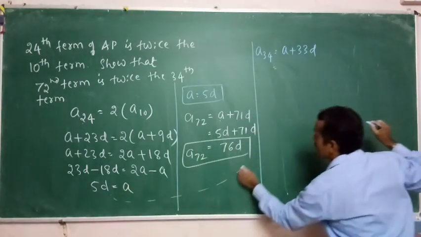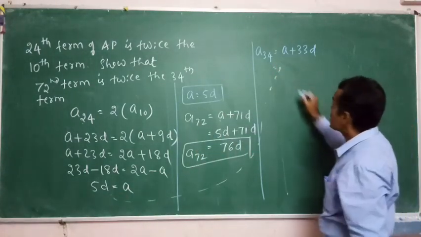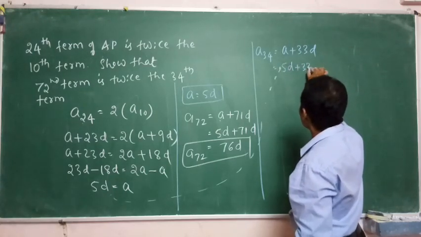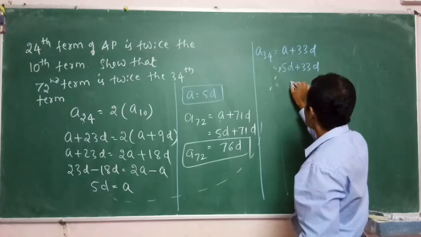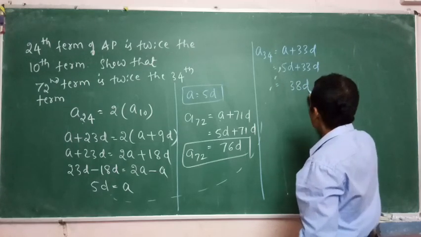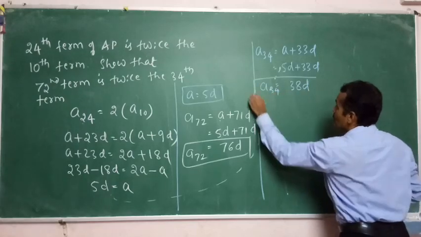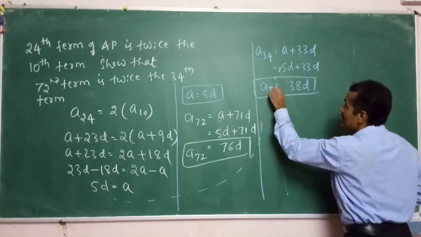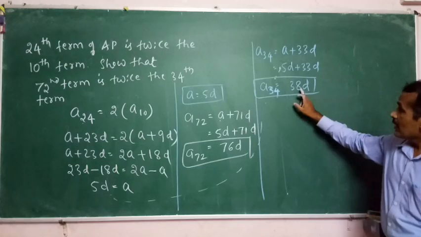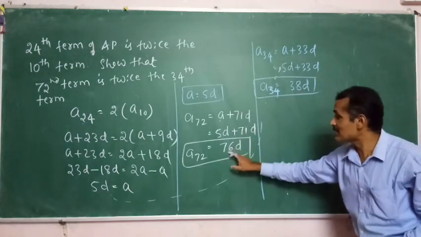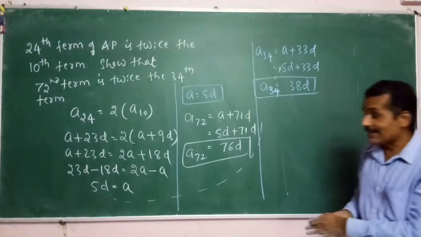A value is here: 5D plus 33D. The answer is 38D. So A34 is equal to 38D. Correct, children? 38 twos are 76.